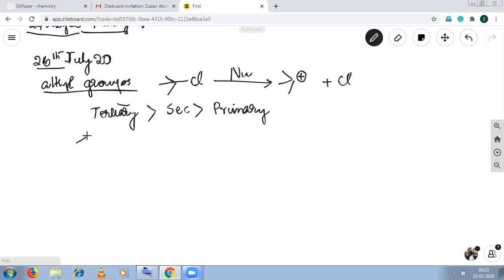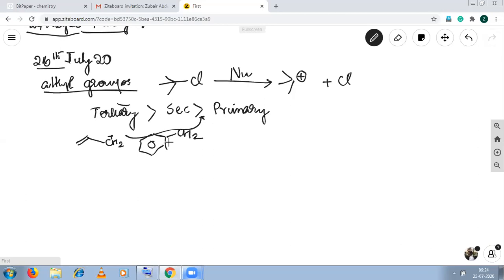Similarly, if you have vinyl, allyl cation, CH2 plus, then benzyl carbocation, these two will come actually here. They are slightly less reactive than secondary.